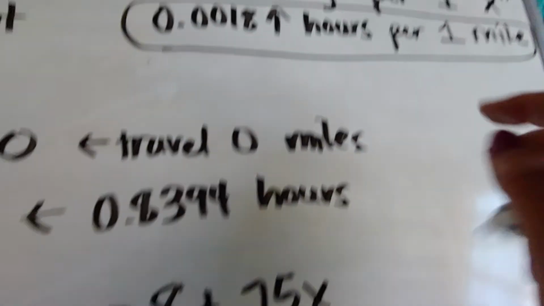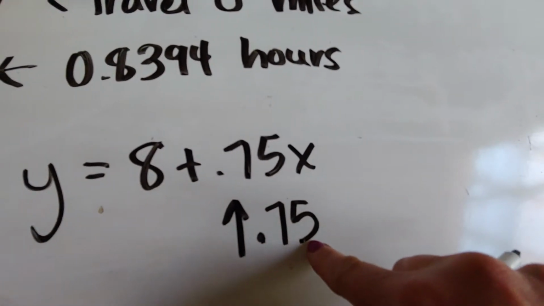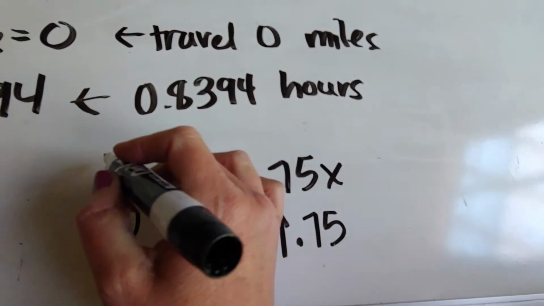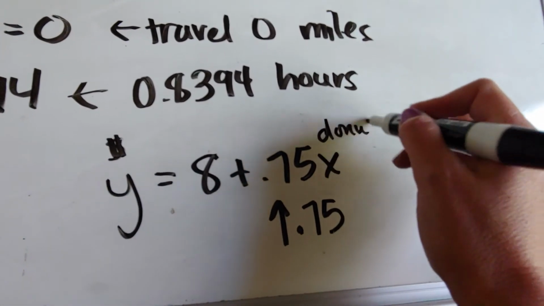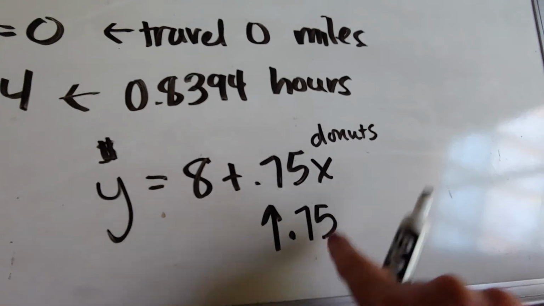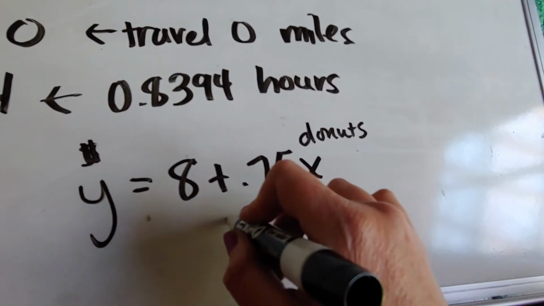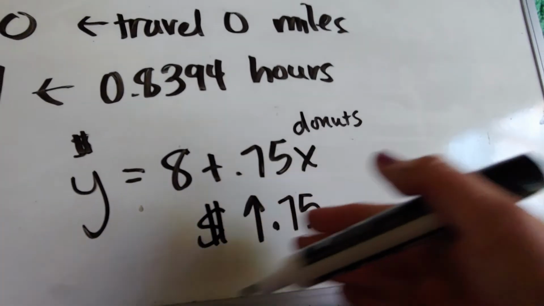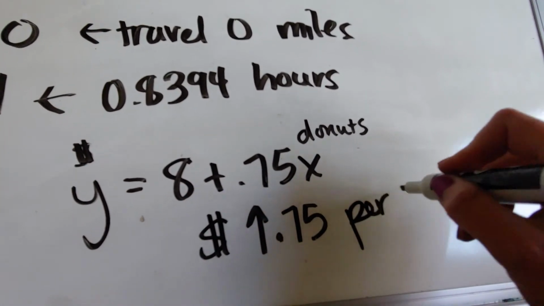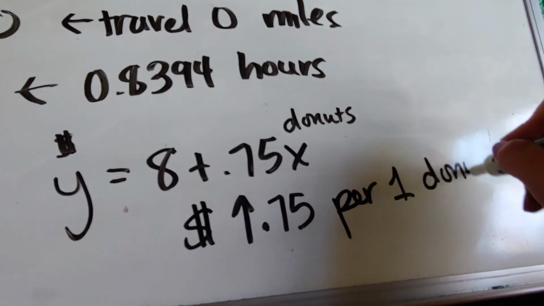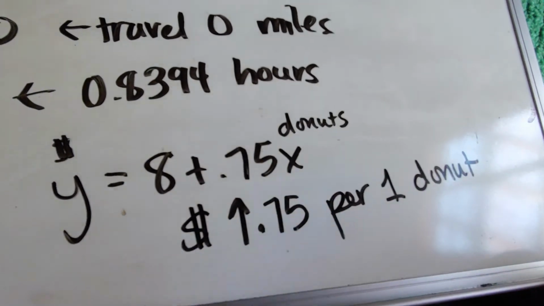Now remember, we always go y per 1x. So y for this problem was money, and x for this problem was donuts. So we're saying that I'm increasing by 75 cents for every 1 donut. Money earned is going up by 75 cents for every 1 donut.